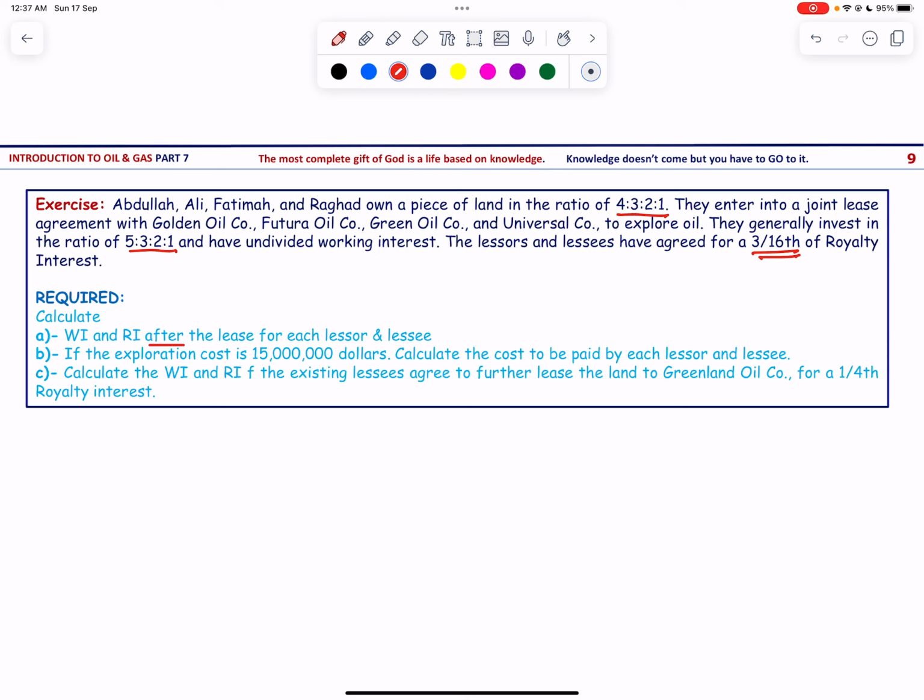After the lease, the lessors Abdullah, Ali, Fatima and Ragad will be having 0% of working interest, and they will be only sharing 3 upon 16th of the production revenue as royalty interest. After the lease, the four oil companies, Golden, Futura, Green, and Universal, will be having 100% of working interest, and they are lessees, and that's why they are not eligible for any royalty interest.